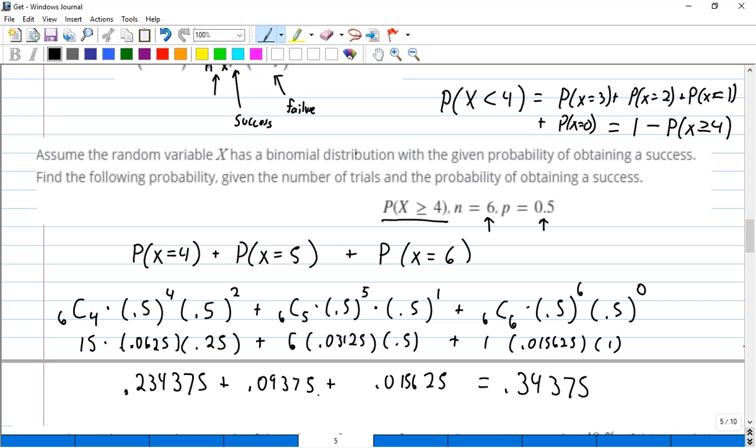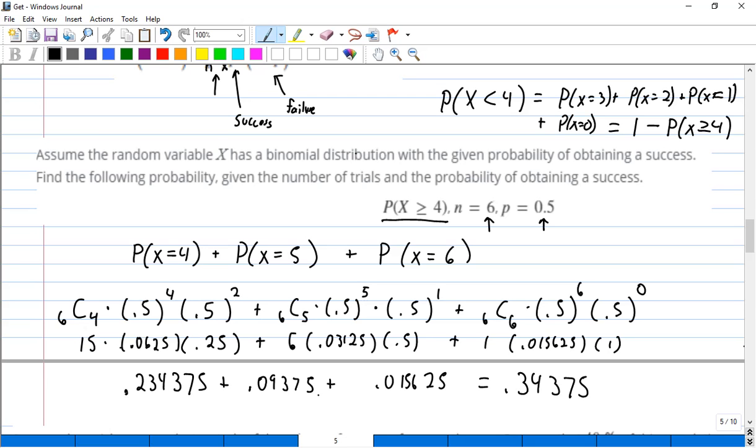So I could take my answer that I get from greater than or equal to 4, which was only 3 calculations, and then say 1 minus that, and that would give me the probability that x is less than 4. Because remember what all the probabilities have to add up to.